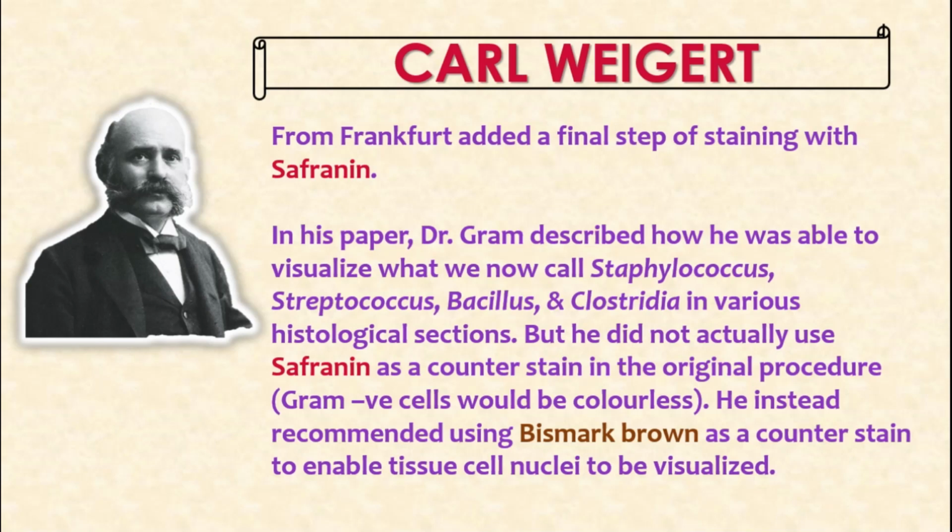But he did not actually use safranin as a counter stain in the original procedure. That is, the gram negative cell would be colorless in this technique. He instead recommended using Bismarck brown as a counter stain to enable the tissue cell nuclei to be visualized instead of visualizing the gram negative cell.